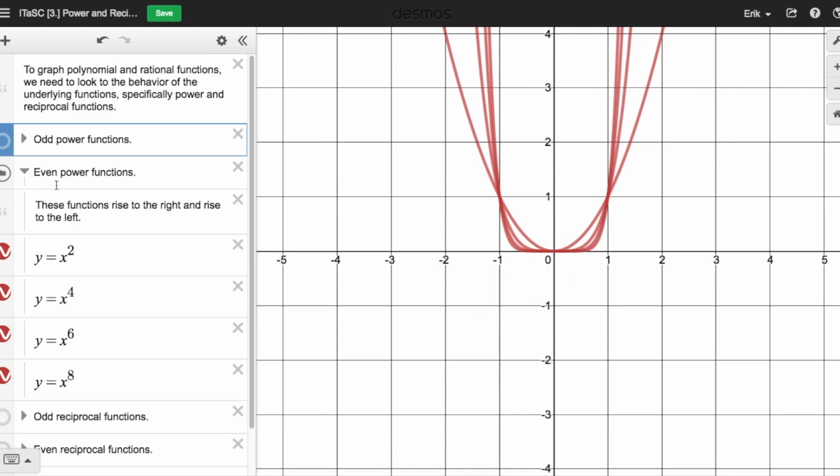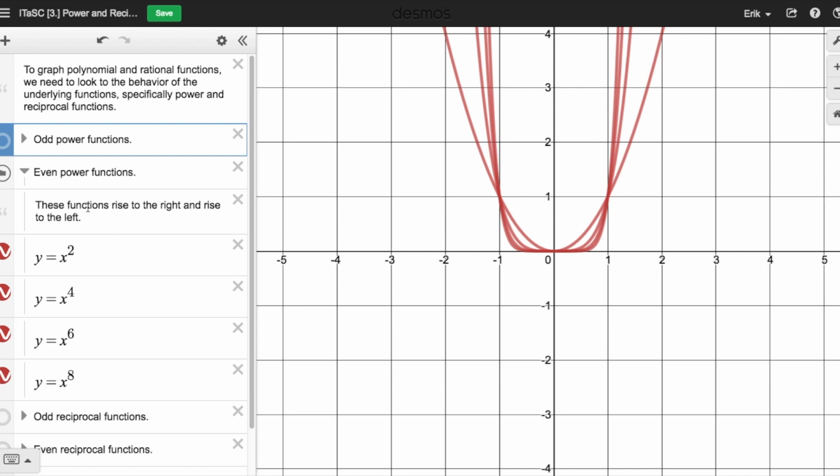The ones that I've got on the screen are x squared, x to the 4th, x to the 6th, x to the 8th. X squared is a parabola. We can see that upward opening U-shaped curve for the parabola. But the other three are also some variation on a U-shape. They're all opening upward. And so we say here that these functions will rise to the right and rise to the left.